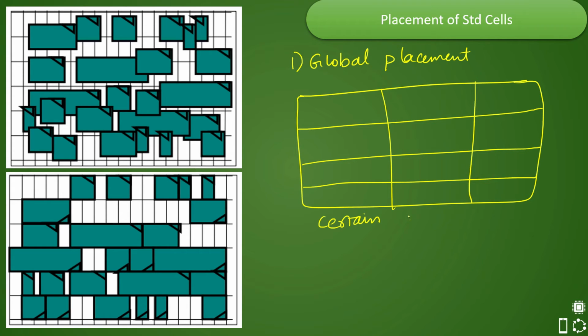It will calculate a certain density, or you can also specify the clumping density, and based on that it will try to place the cells in an approximate location based on your timing. This is what it does in global placement. That is why the locations are not legalized, and it is an approximate placement. Generally up to 80% of the area is used in each bin.